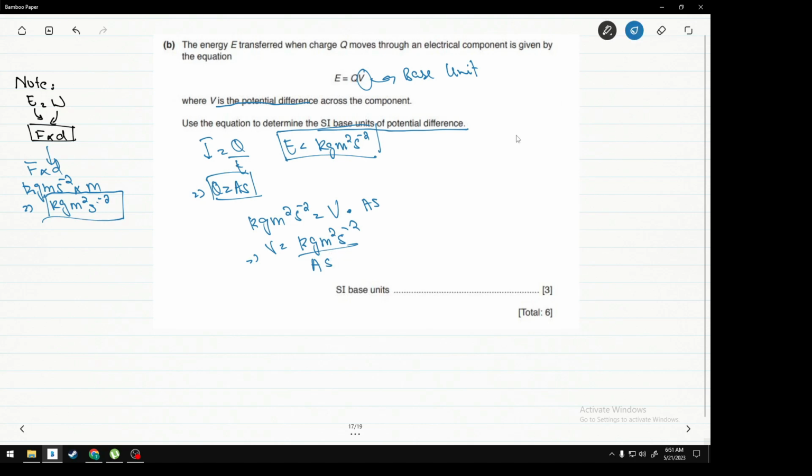So what this becomes is, this second goes up and becomes -1. So -2 plus -1 is -3. So kg meter square second -3 ampere -1, right? So this is our final answer. Let's move on.